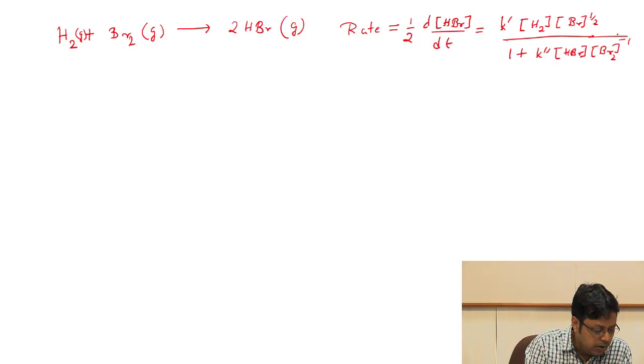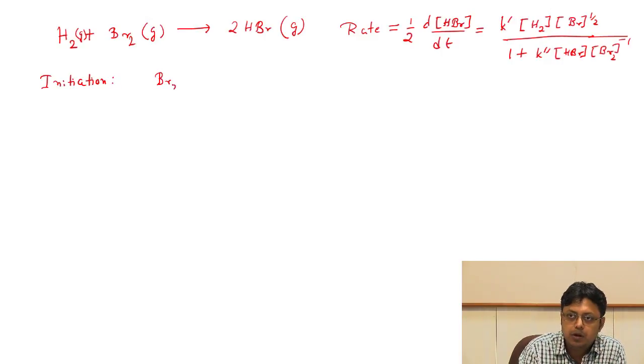So you have to have some step which actually initiates the radical reaction. We call that first step initiation, where this bromine molecule actually collides with something.